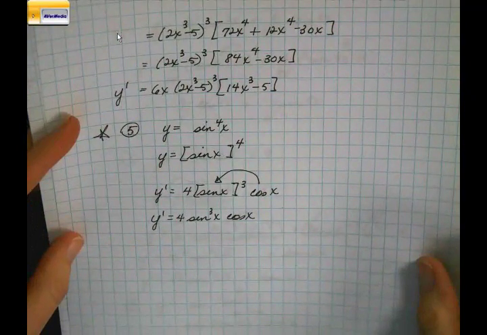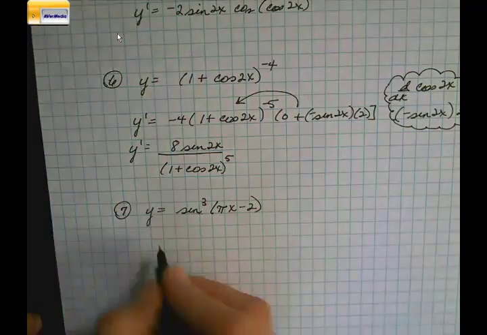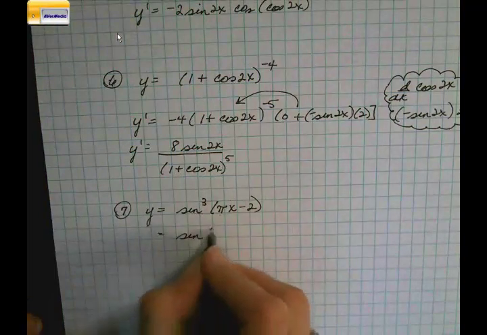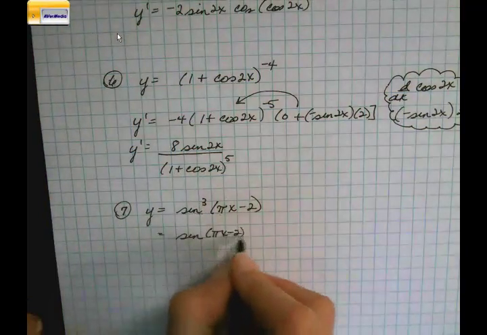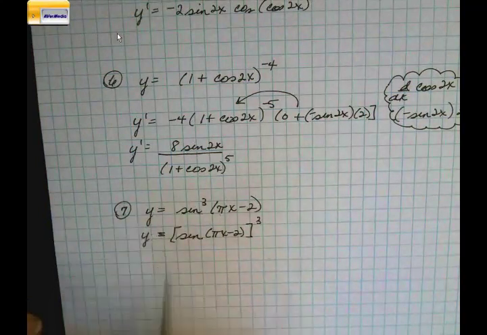Way back in the notes of this section, we did this one. And so this is going to be similar to it, in that we're going to rewrite this one as sine of pi x minus 2, all cubed, before we take the derivative.